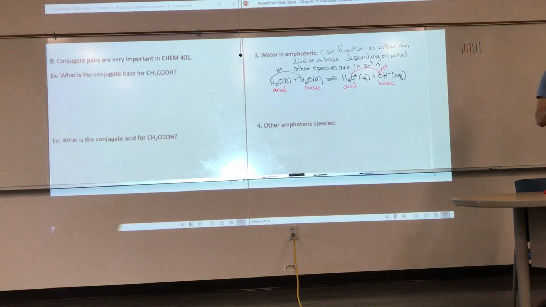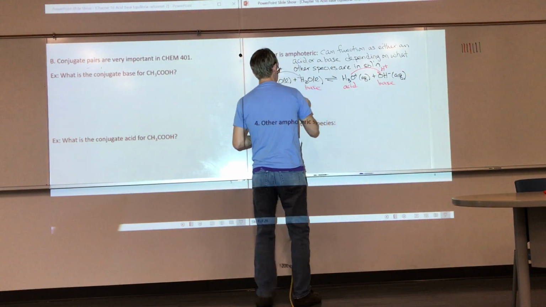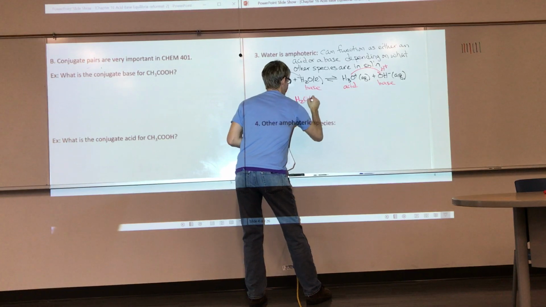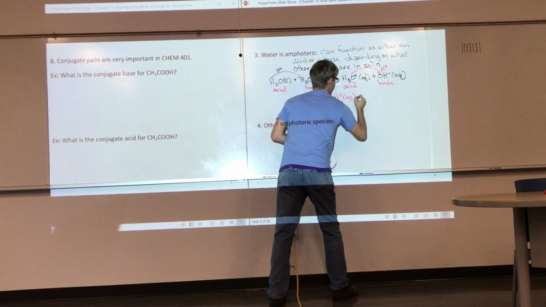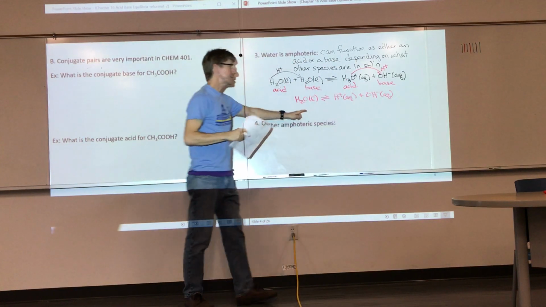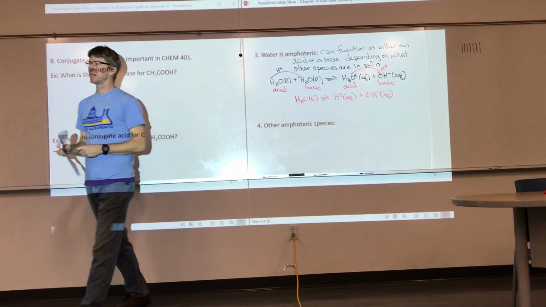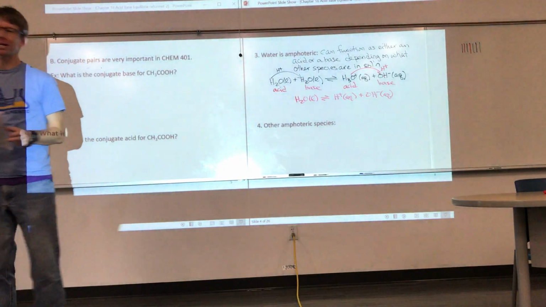And this has a K value. It is the same K value we had last semester when we talked about this reaction, H2O going to H plus and hydroxide minus.